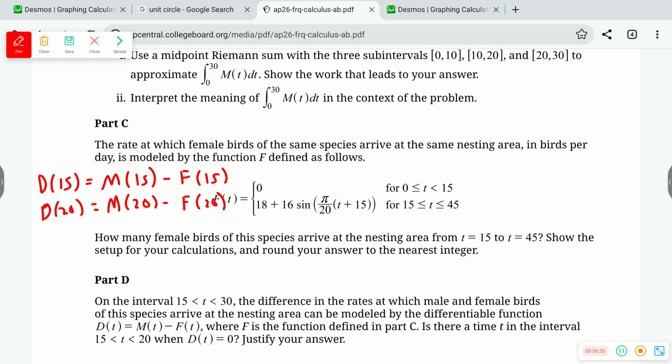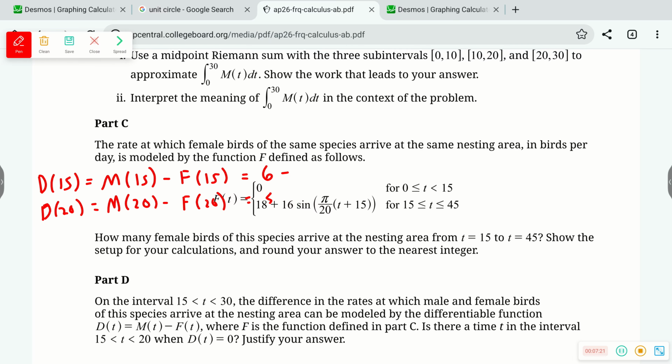M of 15 is 6. I didn't want to have to erase this. I've got to figure out a better way to do this. So 6 and 5, let's just remember 6 and 5.